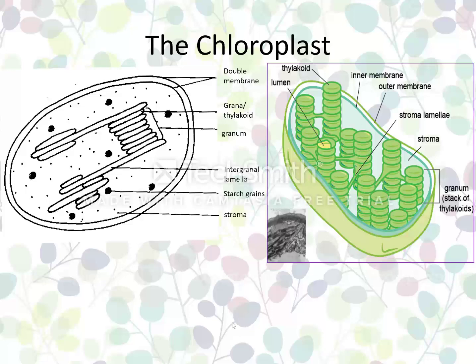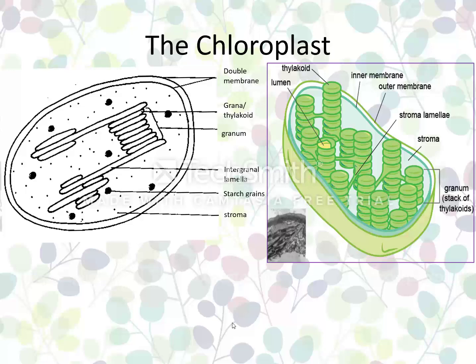If you have a look at the diagram of the chloroplast, you can see that it has a double membrane, right? So 2 layers that you would draw. Within that double membrane is a liquid or a gel type of solution called the stroma, which is the jelly-like substance that's keeping everything together, that houses all the enzymes and houses the structures within the chloroplast.